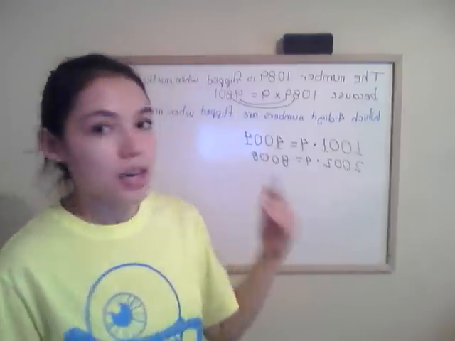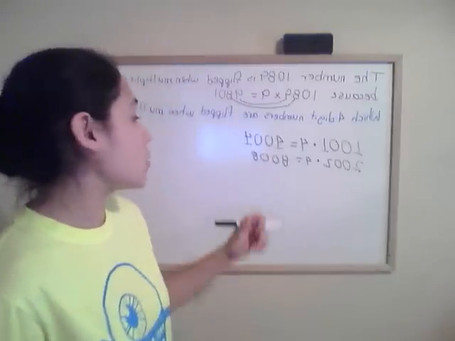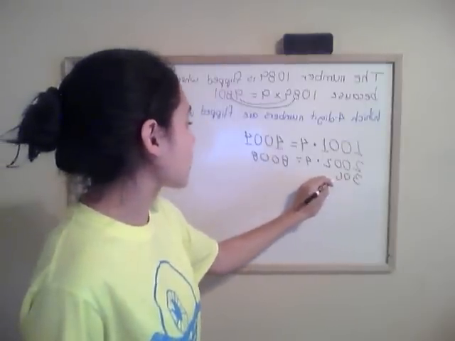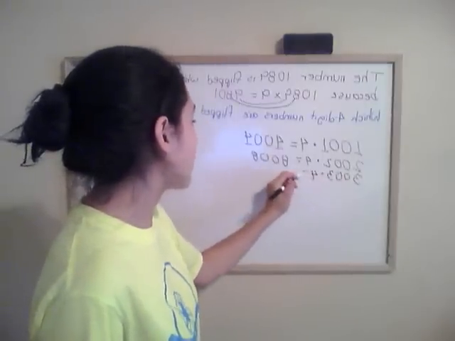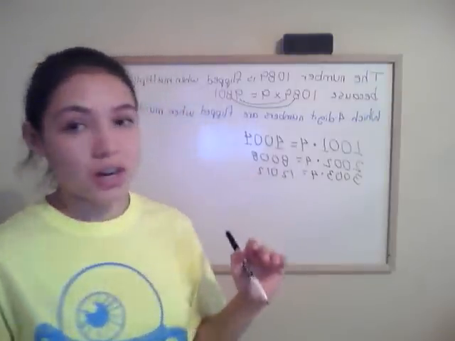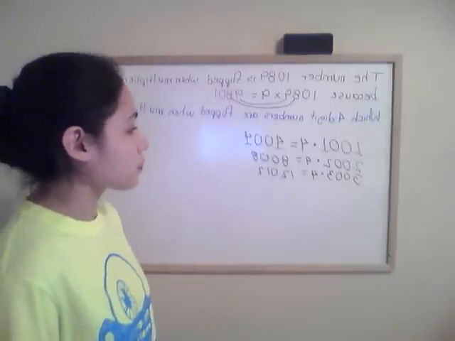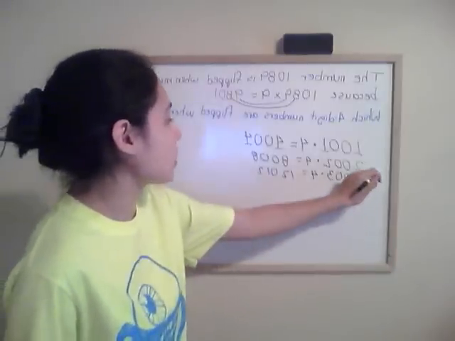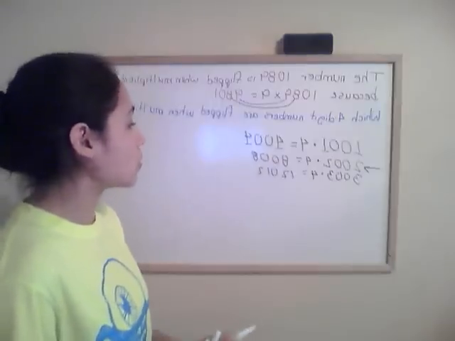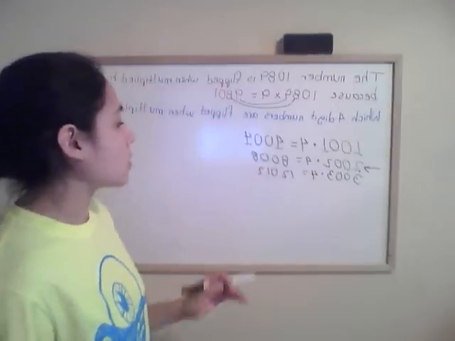Then, just to check the greatest number that I could use and still have a four-digit number, I used 3003 times 4, and that would be 12,012. So I know that I have to stop there because this is not a four-digit number anymore. So I know it has to be in the 2000s, so I will work with that number. I will start with this number and then try to find the number that we're looking for.